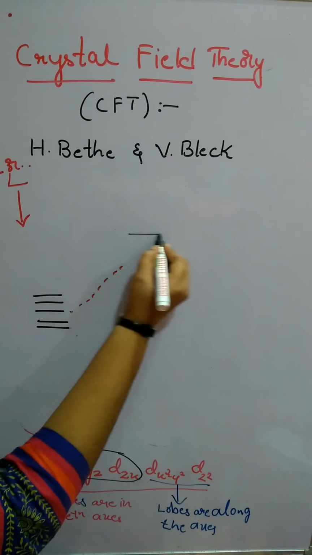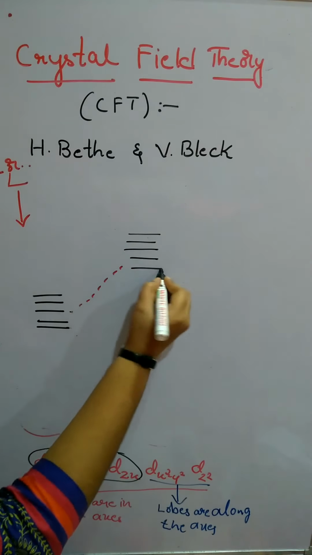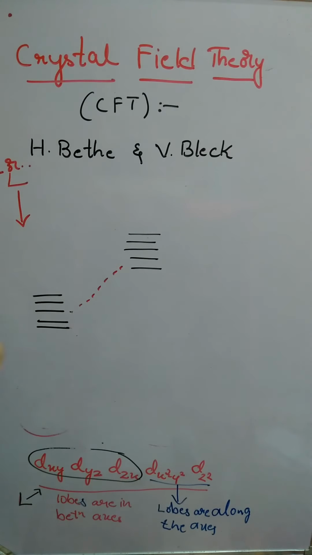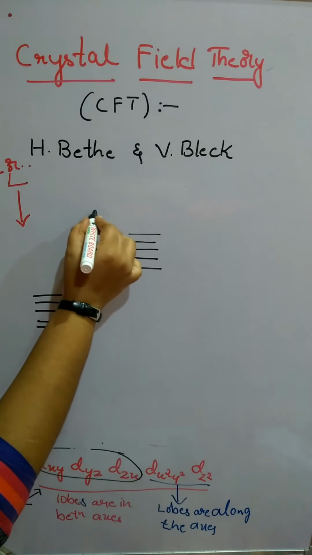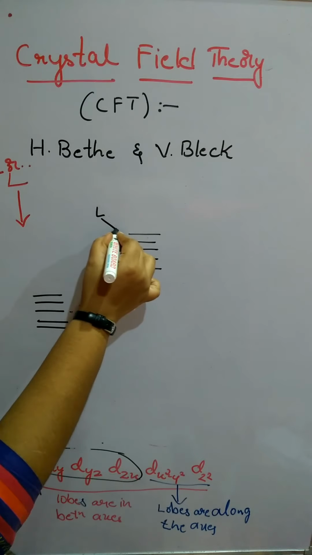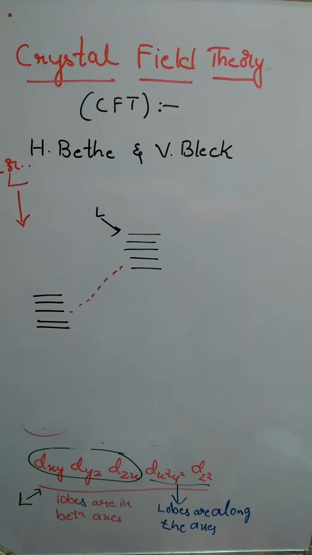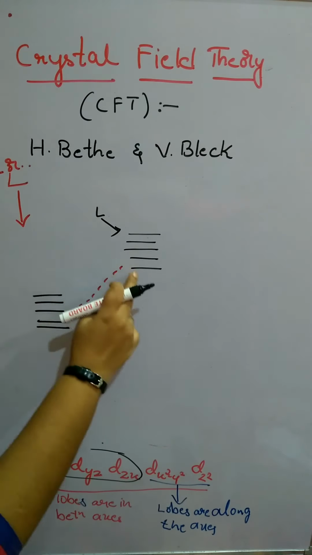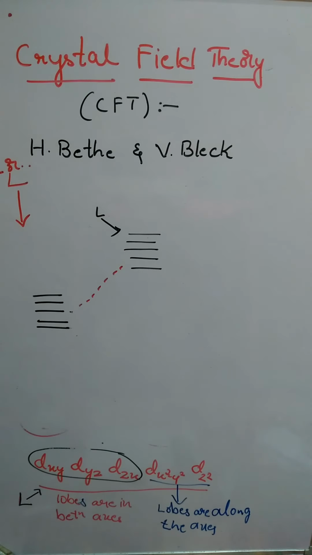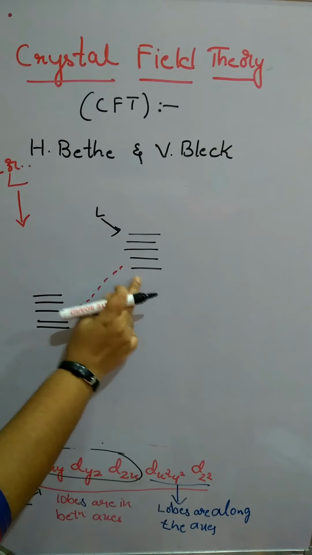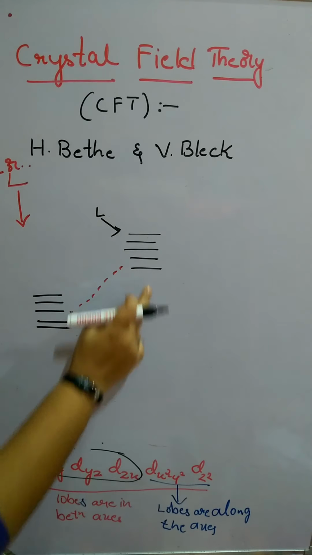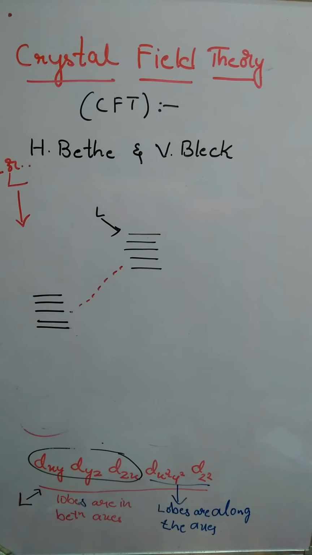Now the ligand is coming very close to the metal. The orbitals of the ligand and the d orbitals of the metal start interacting with one another.